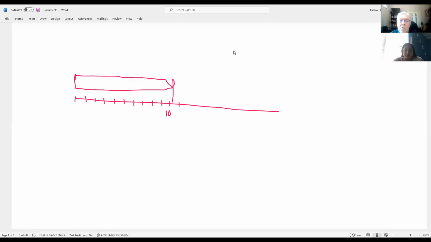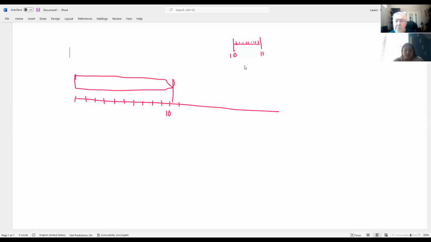But between 10 and 11 centimeters, you have how many lines? You have 1, 2, 3, 4, 5, 6, 7, 8, 9, 10 lines, yeah?